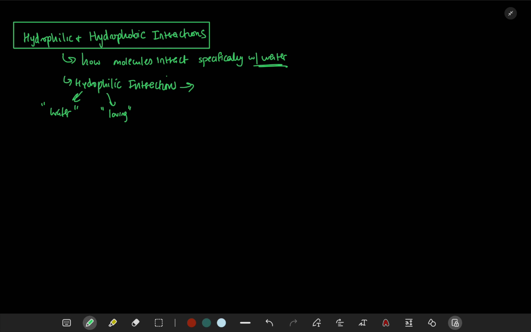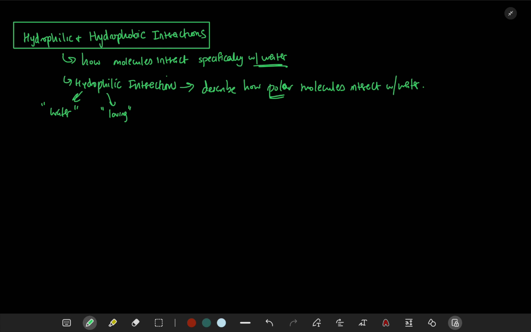Okay, so hydrophilic interactions describe how polar molecules interact with water. Right, and polar molecules love water because water is also a polar molecule, and there are partial charges across both of those kinds of molecules, right? Because any polar molecule is going to have partial charges.